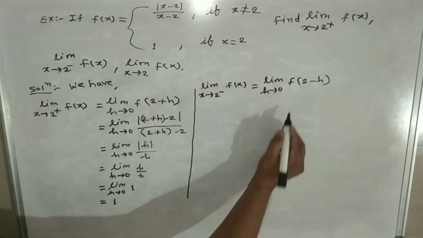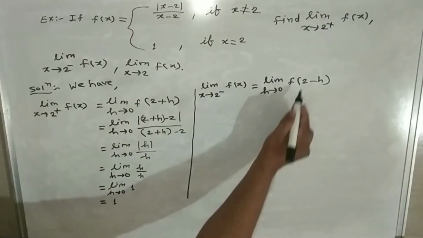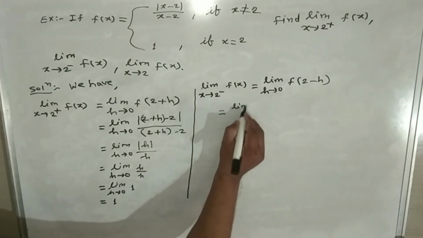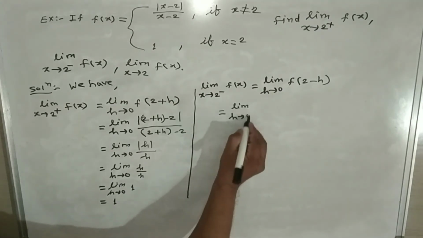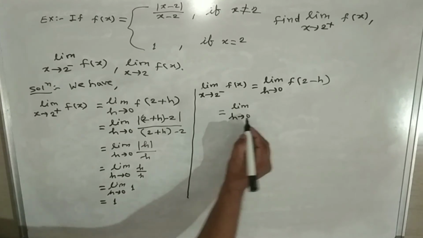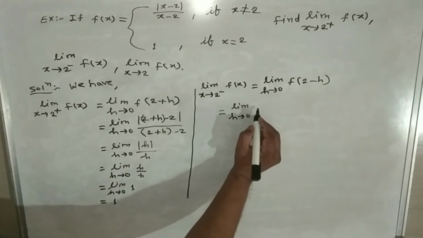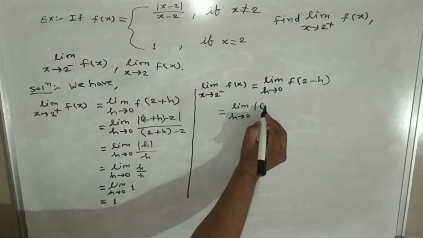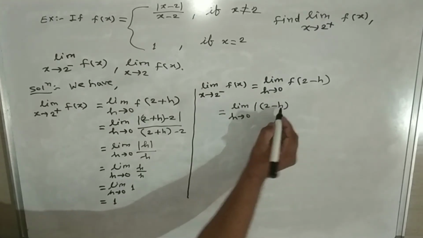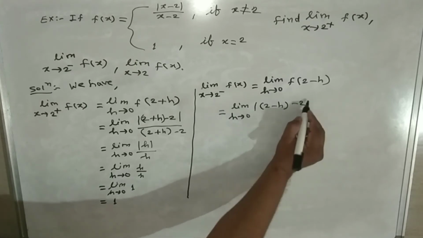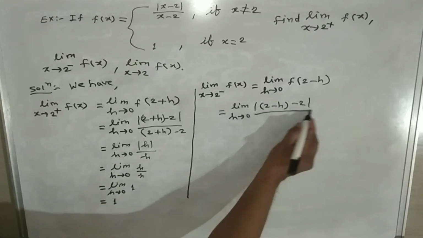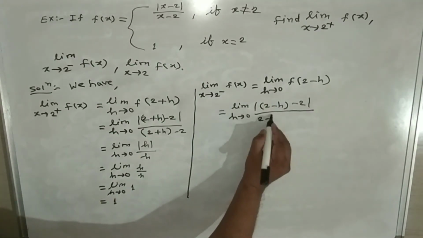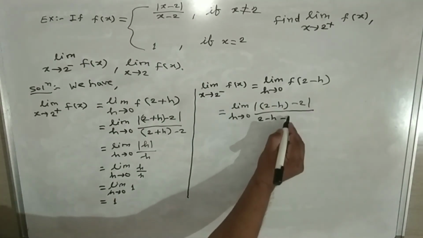In place of x we have 2 minus h, so this is equal to limit as h tends to 0 of mod of 2 minus h minus 2, divided by 2 minus h minus 2.